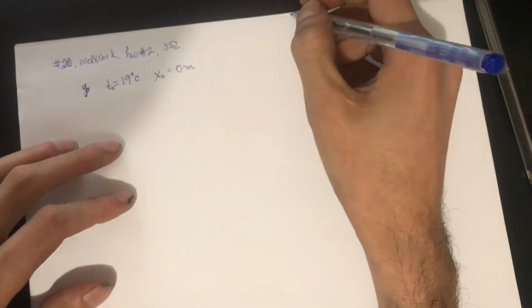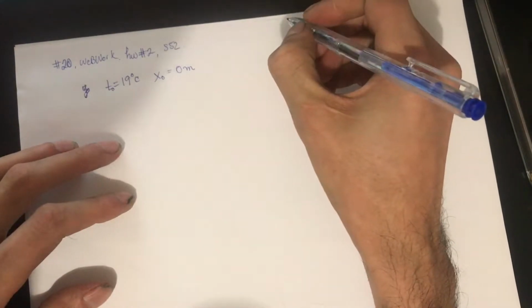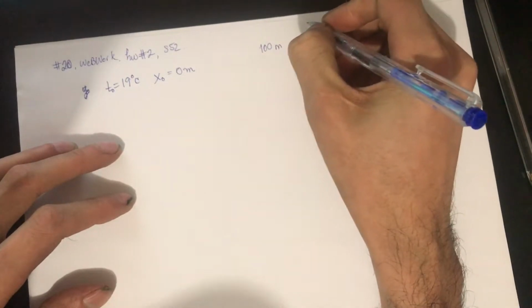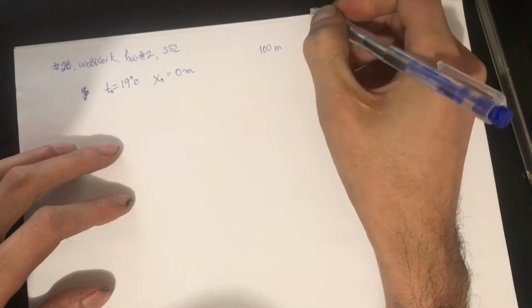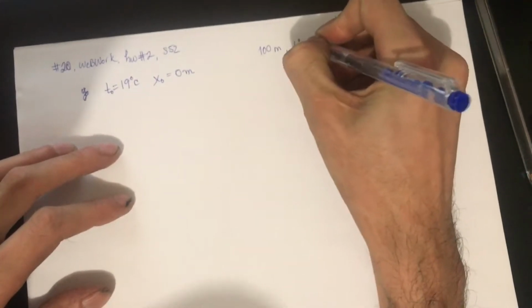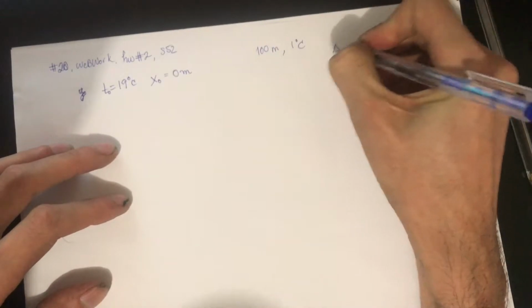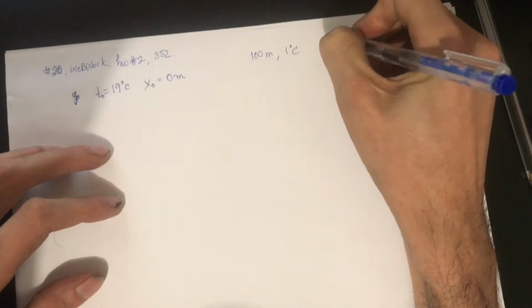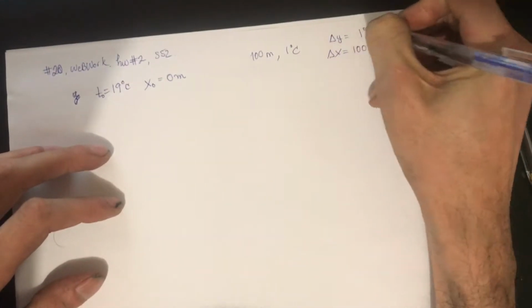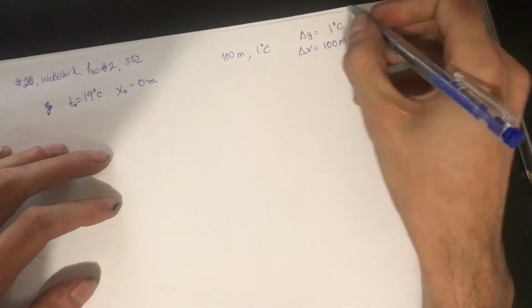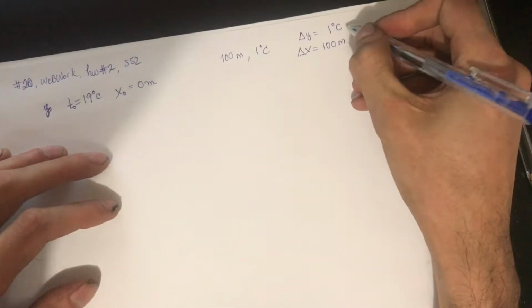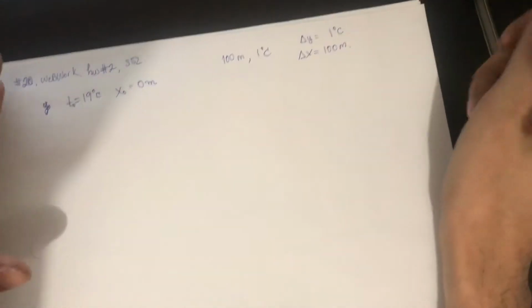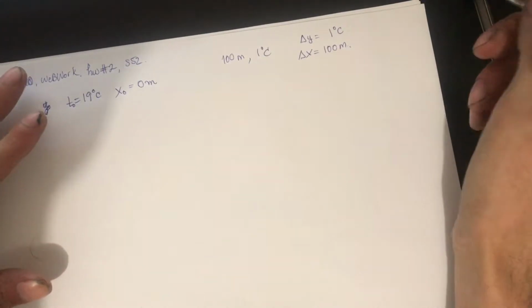Well, first the facts. For every 100 meters that I rise, I change 1 degree Celsius. So my change in X is 100 meters, and my change in Y is 1 Celsius. This is true only when it is given as a linear proportion, or a linear rate of change.